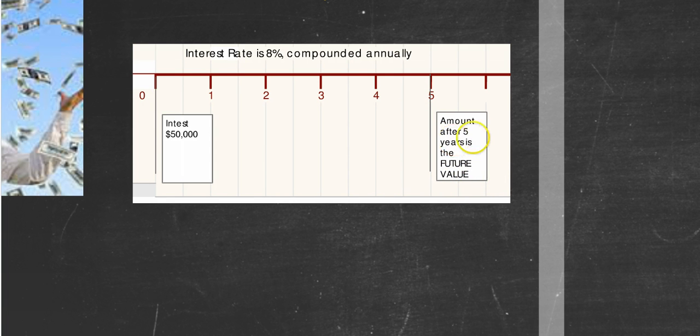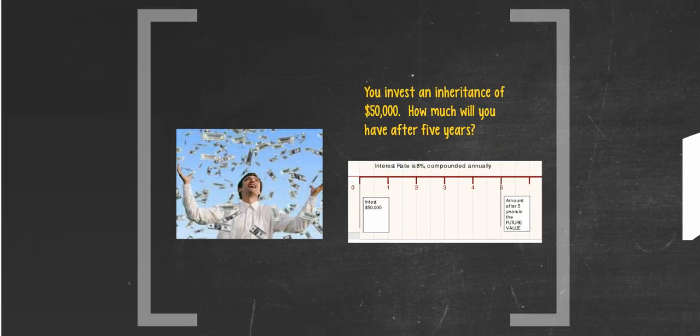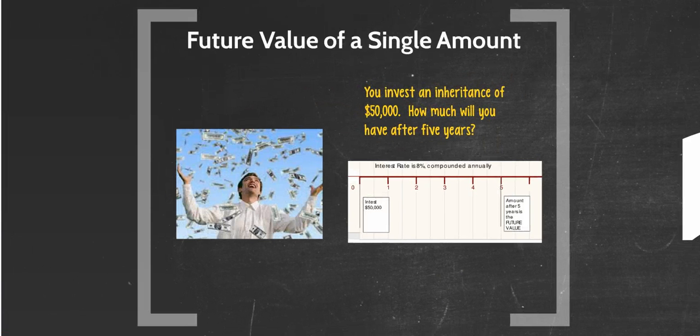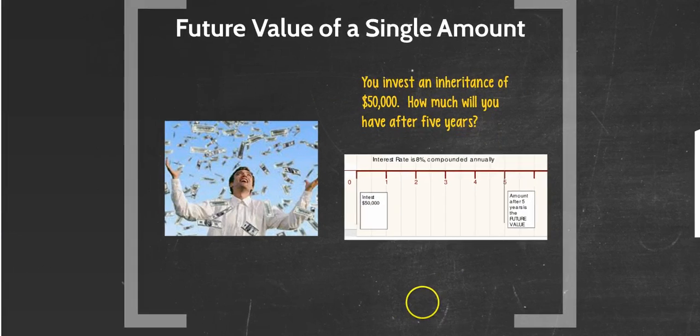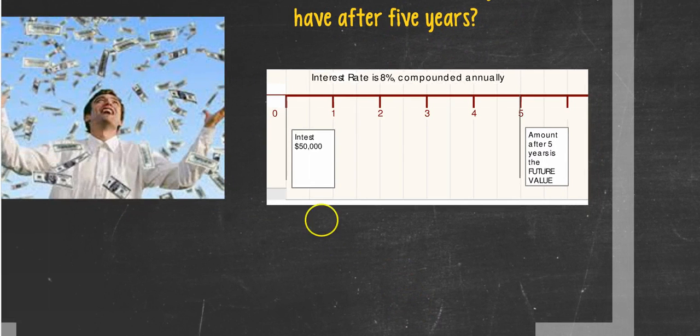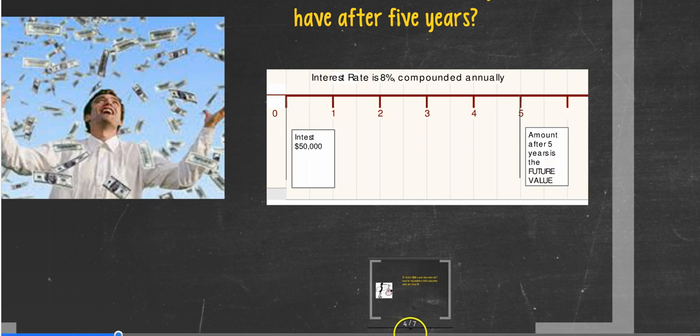The amount that we're going to have after 5 years is called the future value. So we are looking now at the future value of a single amount, and specifically we want to know the future value of $50,000 invested now. It's invested over 5 years at a rate of 8% return, compounded annually, and we want to know how much we will have in 5 years.